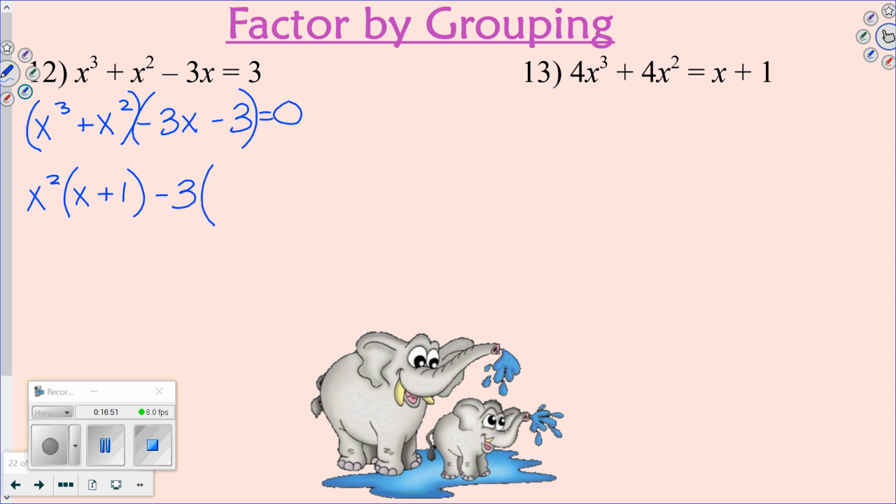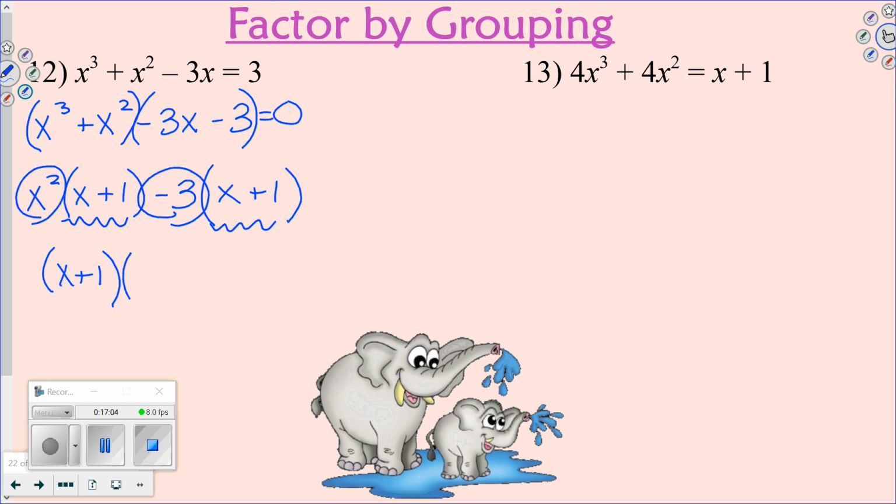What happens when I take out negative 3? x plus 1. What is my common factor? x plus 1. So if I factor that out, what do we have left? x squared minus 3. That's factored.